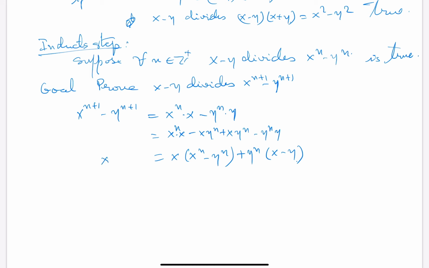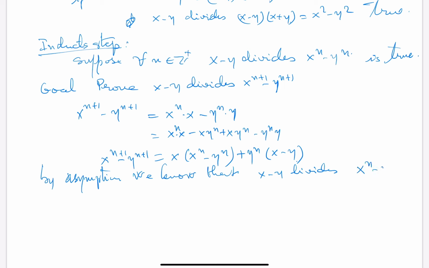Now, I will have x to the n plus 1 minus y to the n plus 1. Okay? Now, since by assumption, we know that x minus y divides x to the n minus y to the n.